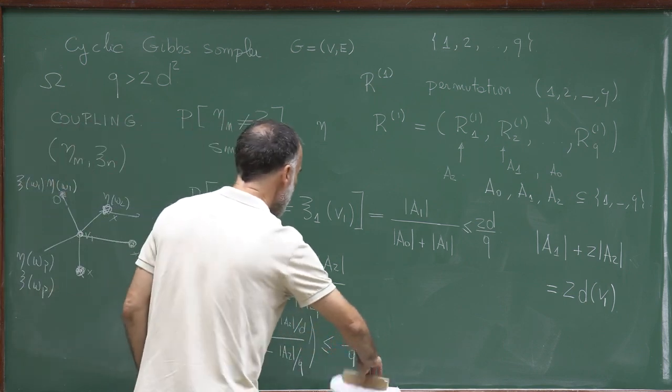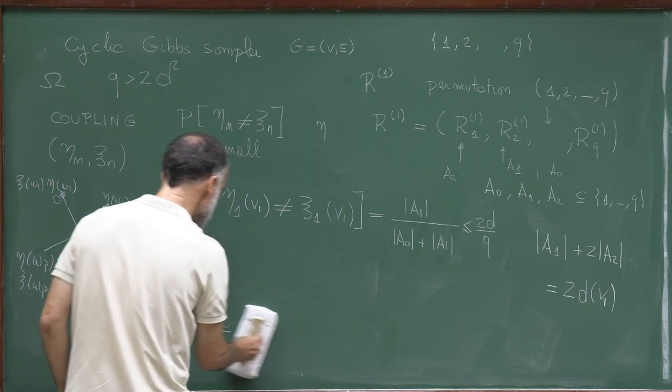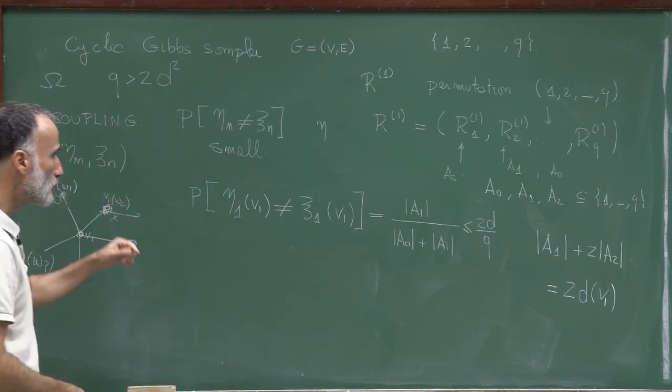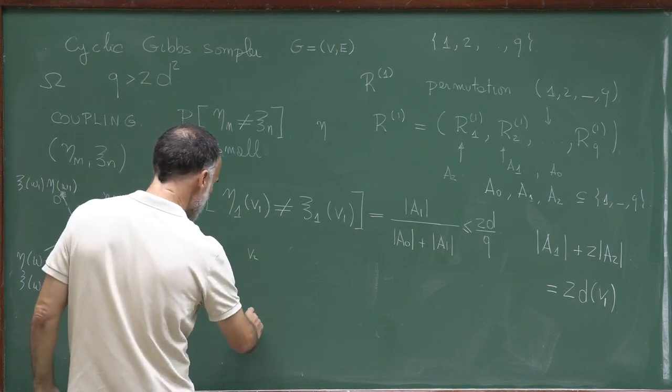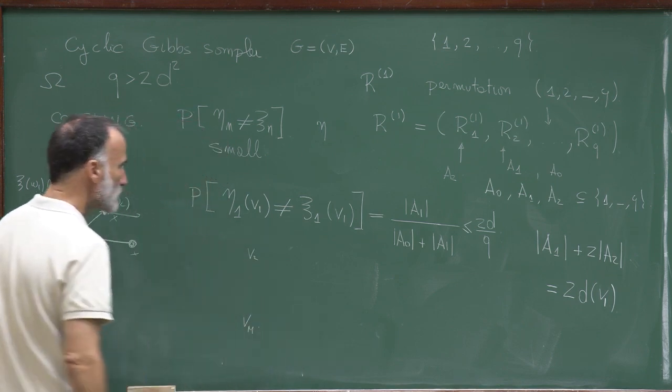And now I can repeat this argument. So remember, at time 2, I will update the vertex V2, and at time m, I will update the vertex Vm.